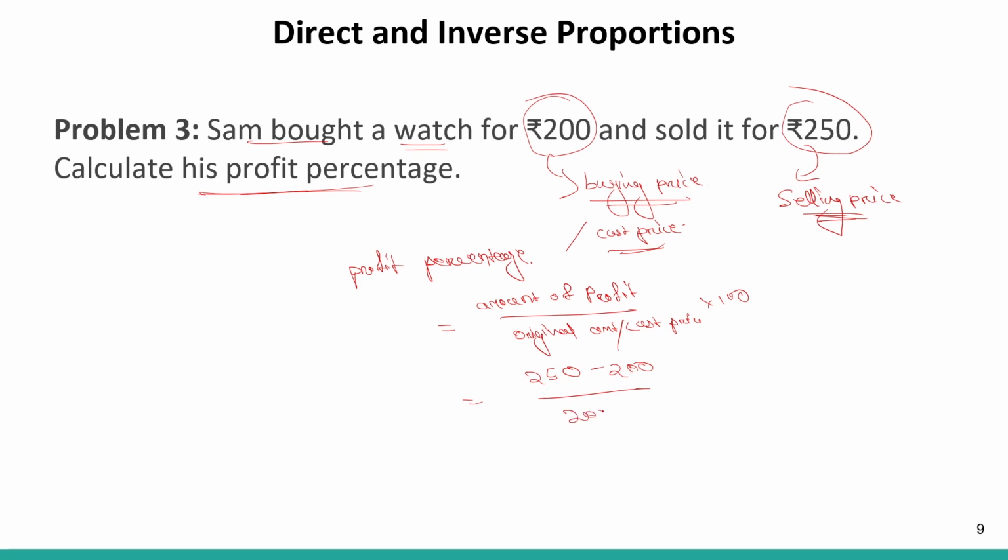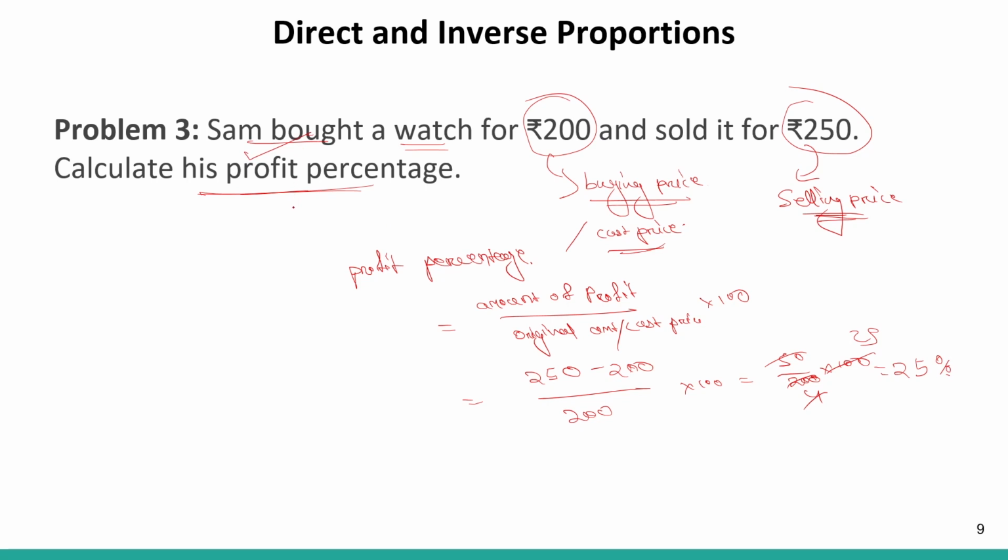So it is 50 by 200 into 100, which is equal to 25. So the profit percentage must be 25%.